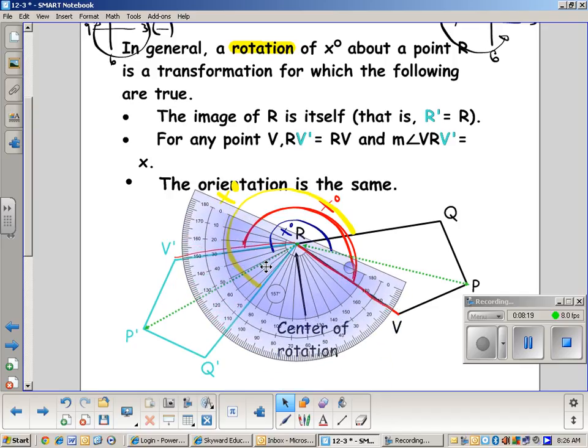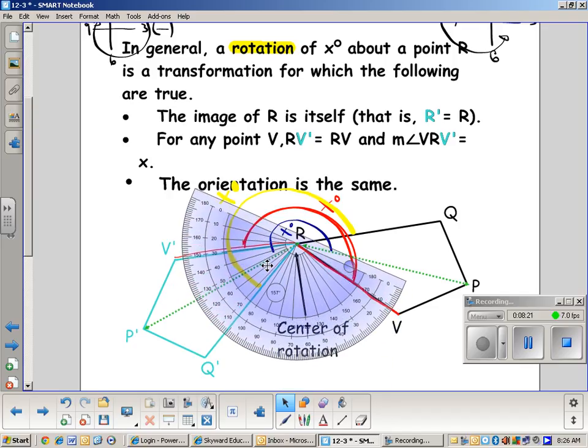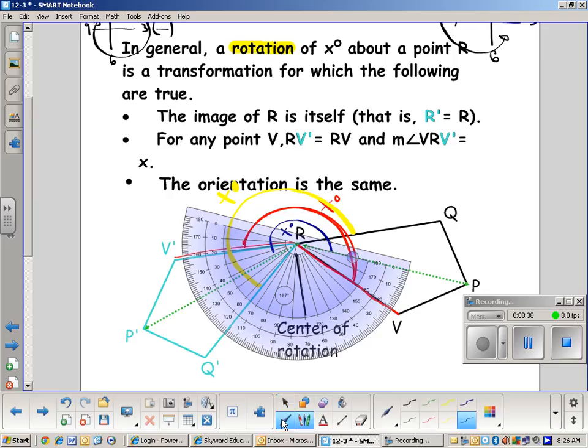Put it on this line right here. So that 0 is on RP, segment RP. Then I'm going to measure the angle starting, remember, start here at 0 on this side and measure to here.